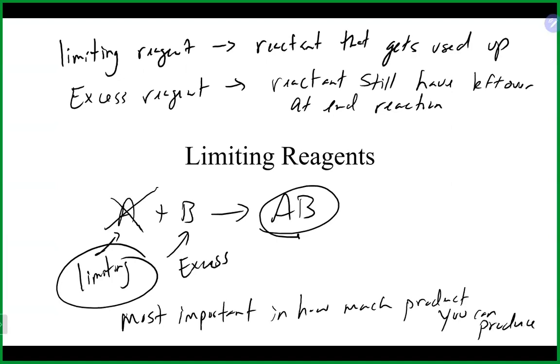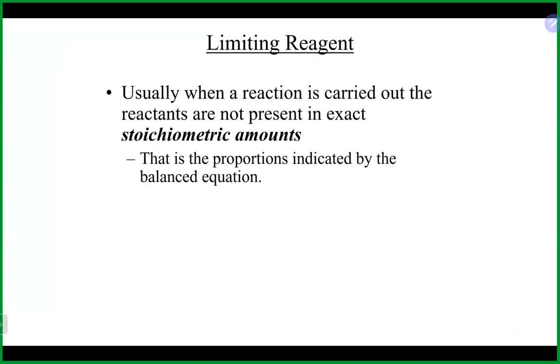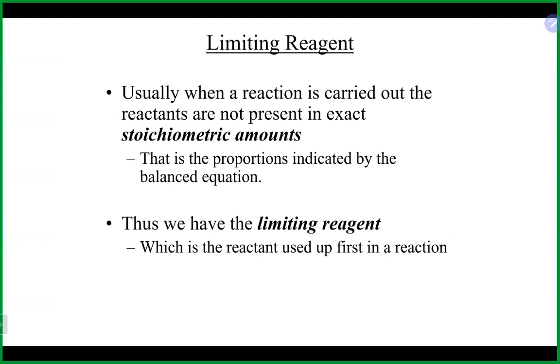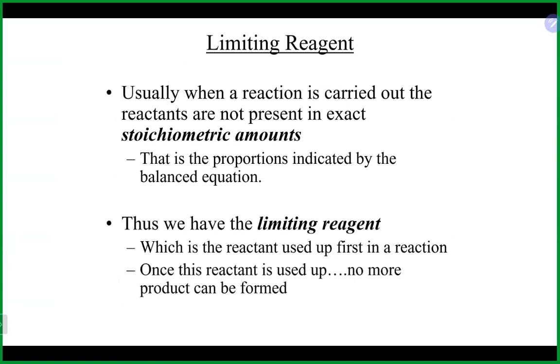So the good news is in terms of limiting reagent type problems, they're very similar sort of steps that we do in a basic stoichiometry problem, except somewhere along the way you need to figure out which one's the limiting reagent, and that will tell you how much product that you will make. As I mentioned, we always will have some reactant that gets used up first, which is why sometimes people call them limiting reactants.